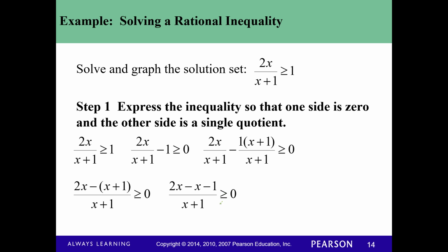And so we know that we want to check all the x values that will make it greater than or equal to 0. So the next thing we're going to have to do is get our boundary points. So you keep simplifying that down as well. So we got x minus 1 over x plus 1 is greater than or equal to 0.